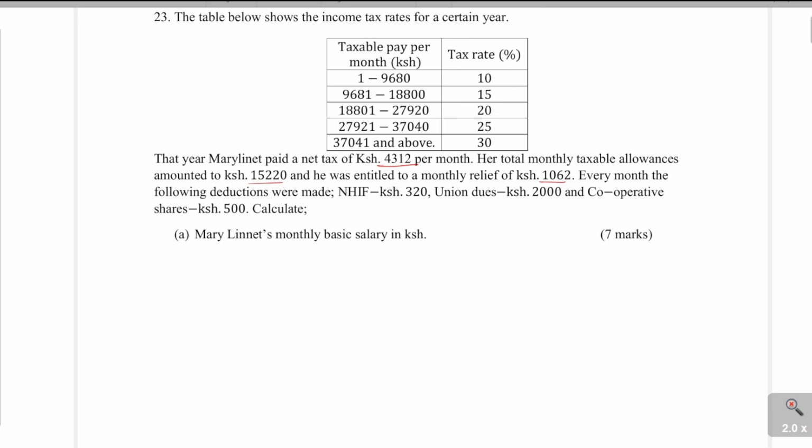So we're going to get the income that was taxed in order to get this tax of 43.12. And to do that, we'll need to get the gross tax first. And gross tax is given by the net tax. Since we are moving backwards, remember, to get the net tax, we subtracted the relief. So now to get back, because we're doing reverse taxation, we shall add that relief.